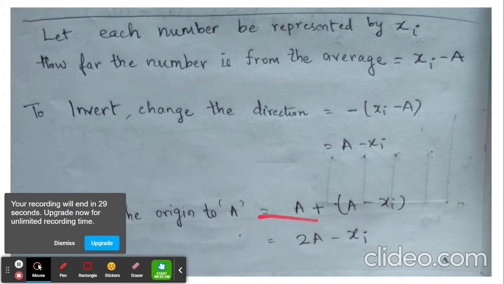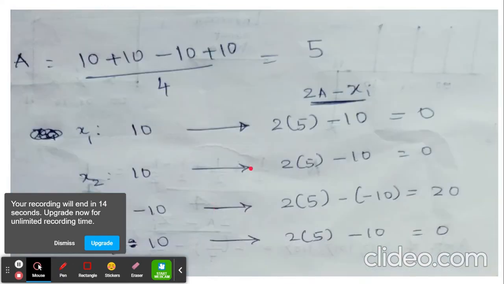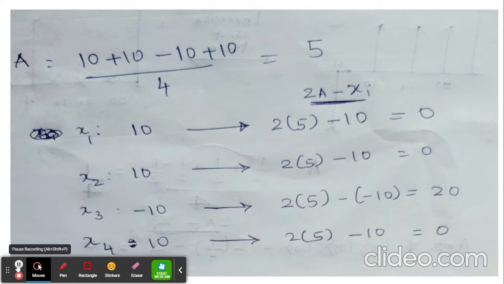Inverting about mean is just like shifting the origin, so you add a: a plus a minus xi gives 2a minus xi. The same thing is done for x1, x2, x3, x4. The average was 5, so 2a minus xi gives 0, 0, 20, 0 respectively.